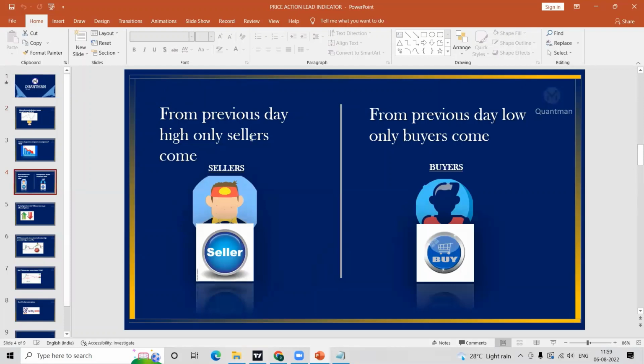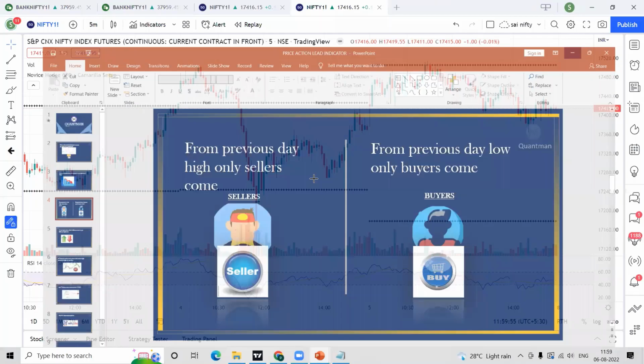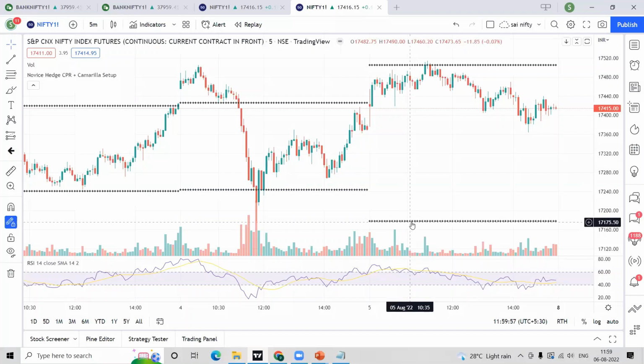Because from the previous day high only, sellers would have come. From the previous day low only, buyers have come. Understand the logic? Say for example, this is the previous day low. From that point only buyers have emerged. From that point only sellers have emerged.